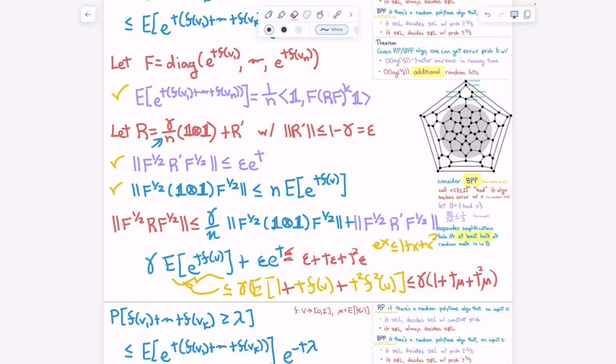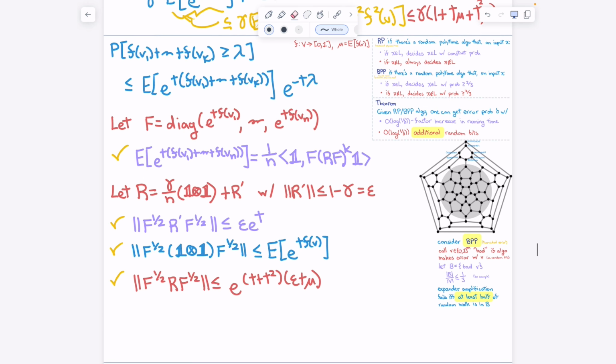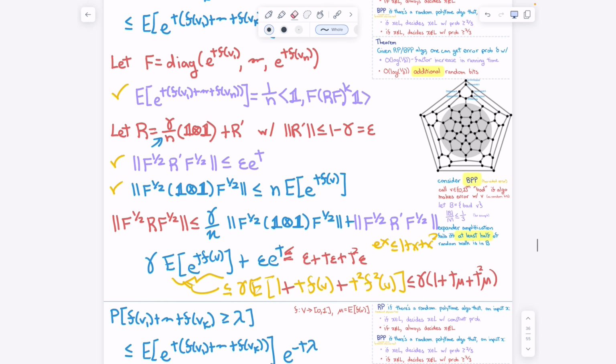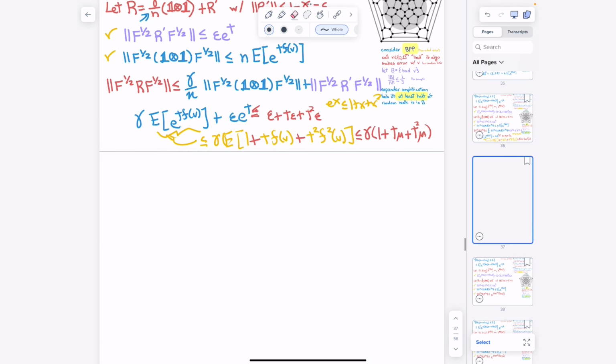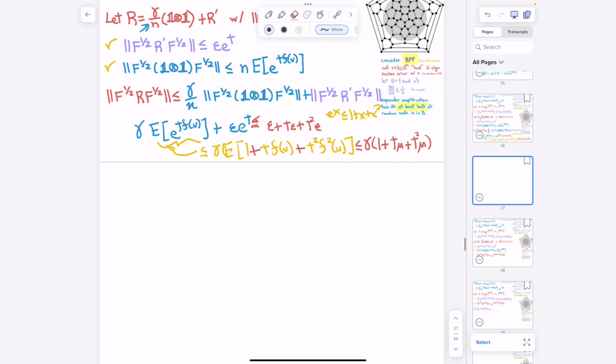So what happens when we start putting everything together? Did I run out of space? I did. I don't know why I thought that was enough space. All right, let me just start putting things together.